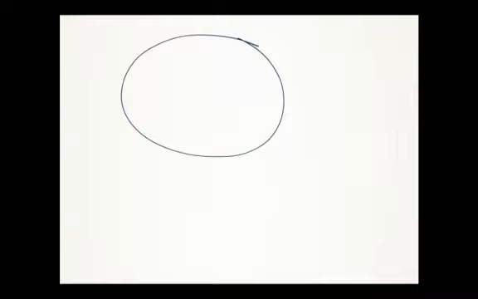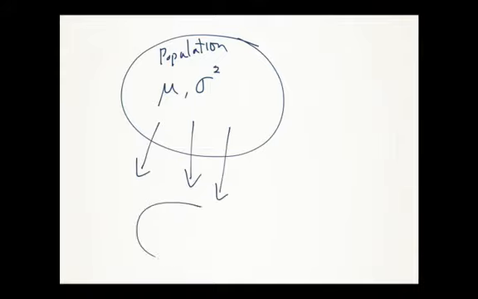Remember the big picture idea of statistics. Somewhere out there, there's this population that we're interested in. And this entire population has these Greek parameters: mu, the population mean, sigma squared, the population variance, and so on. But since we can't sample the entire population, we instead just take small parts of it, and from that we get our sample.